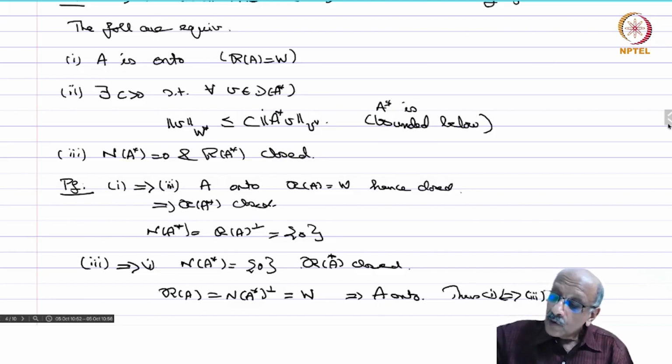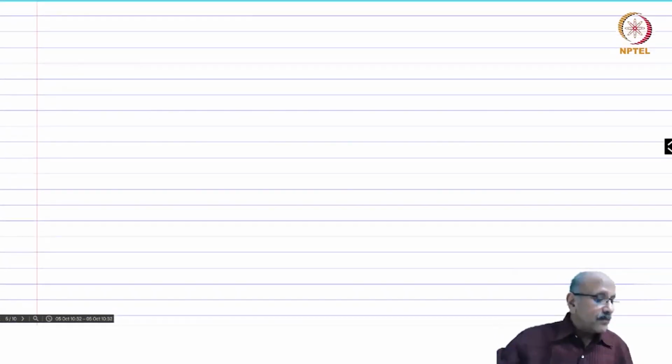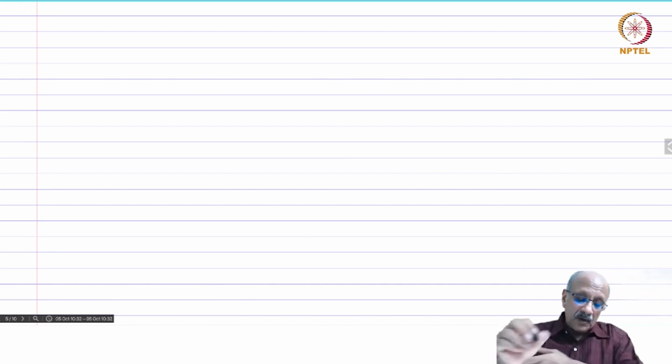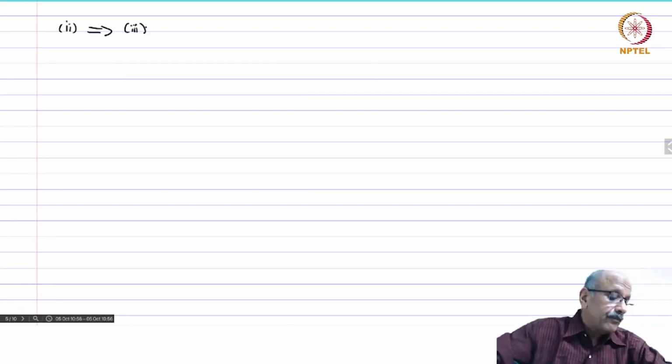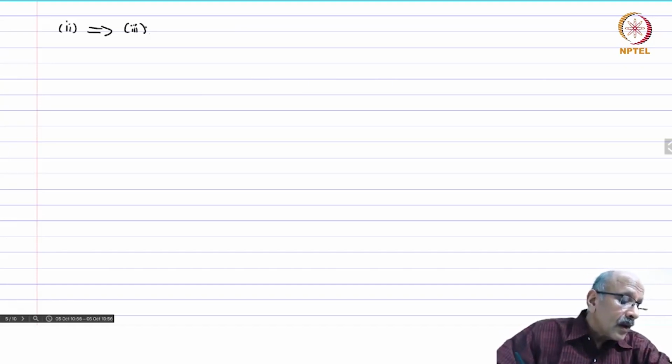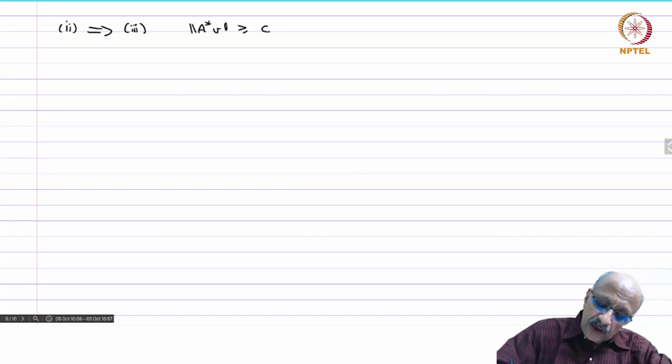So now we want to show that 2 and 3 are also equivalent. So the condition that norm of A star V is greater or equal to C times norm of V for all V in D(A star).